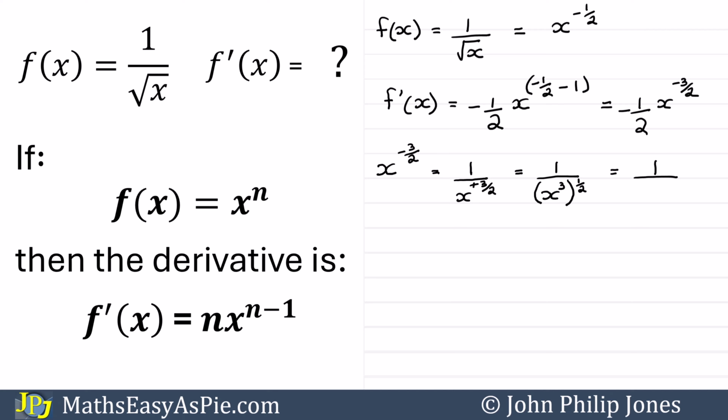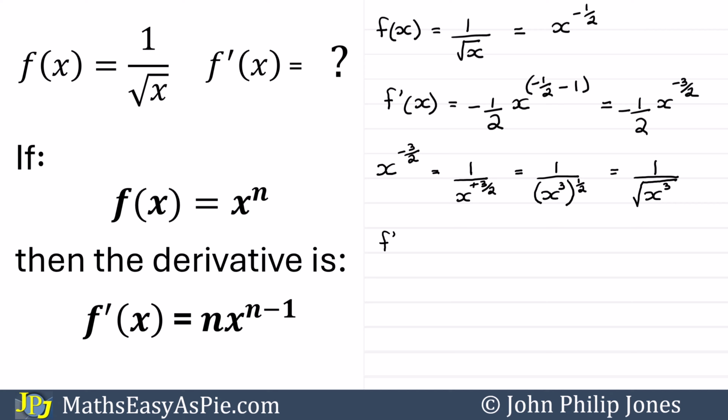And then we can say this is 1 over the square root of x to the 3. Now whenever you raise anything to the 1/2, you can replace that raising by the square root. So that's where the square root has come from. The fact that we are raising x to the 3 to the 1/2. So you can see x to the 3 is inside the square root symbol.